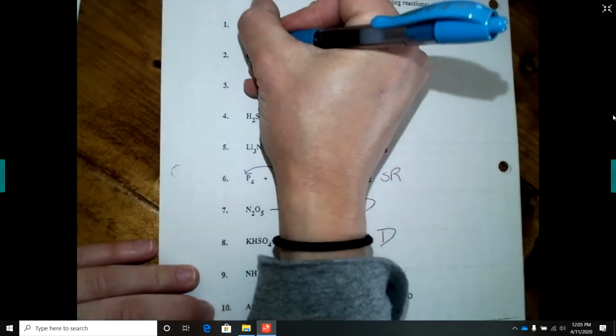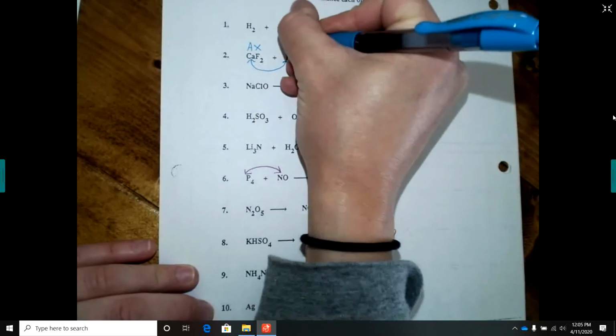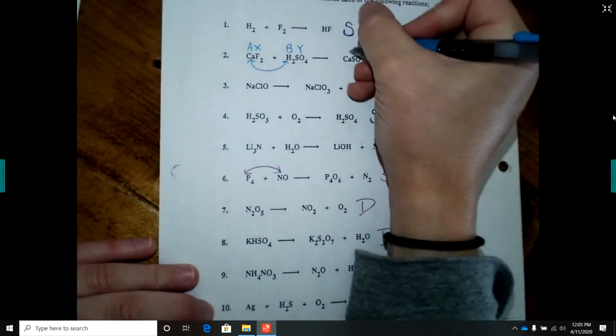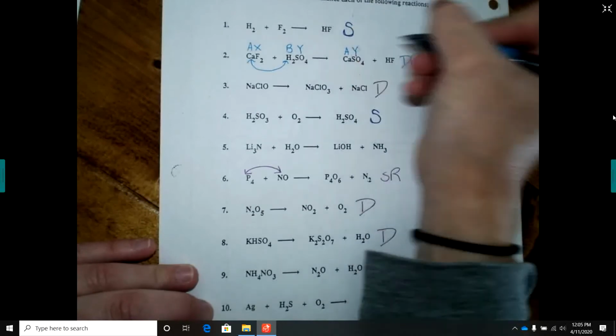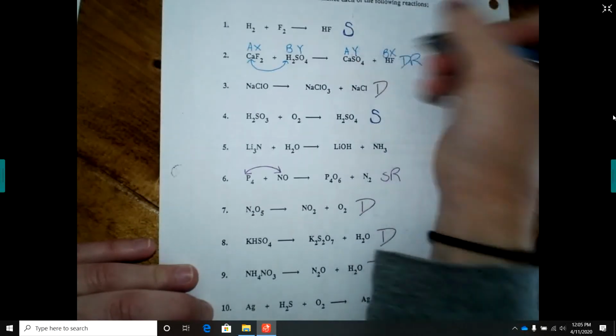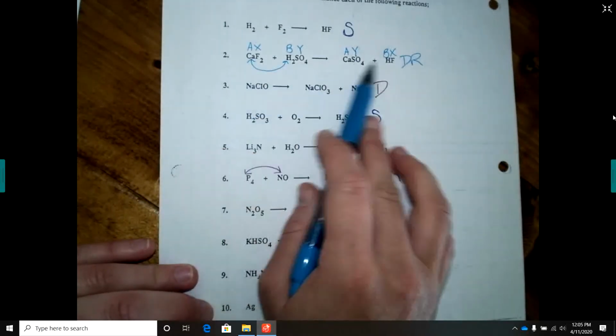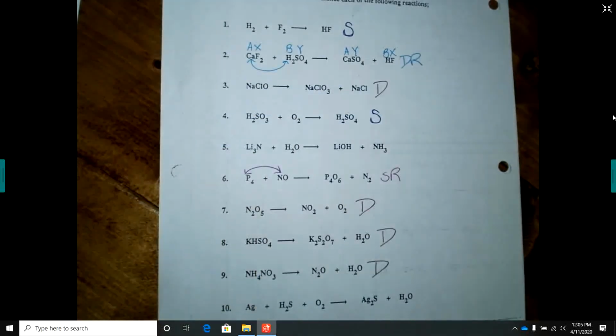Remember, if we want to look at our equation, this is AX and BY. And on the product side, we have AY plus BX. So you start with 2 compounds, you end with 2 compounds. For double replacement reactions, nothing is single.